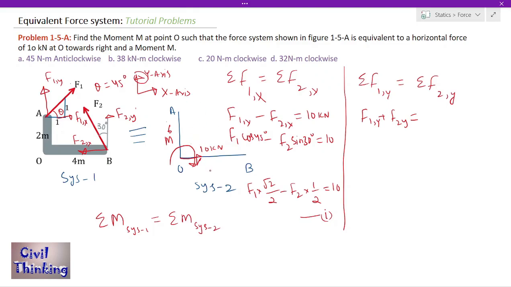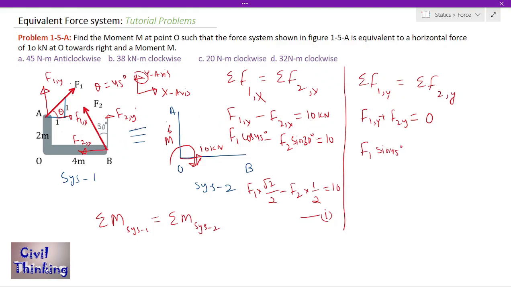Can you see any force in system 2 along the y direction? No, there is no force along the y direction in system 2. So summation of forces in system 2 along the y direction is 0. Now f1y is what? f1y is f1 sine theta, right? And theta is 45 degrees. So I will write f1 sine 45 degrees.